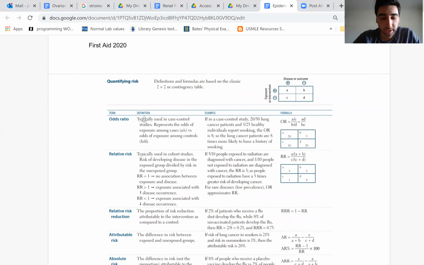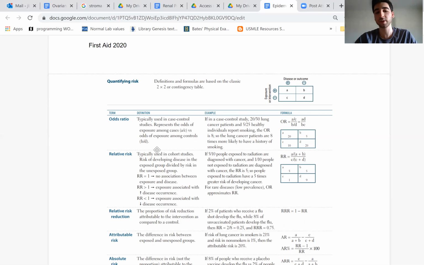If you look at First Aid, odds ratio is typically used in case control studies. What this means is case control studies are looking at data that already exists behind, and relative risk is used in cohort studies. So you're going to use relative risk when you're planning a study for the future. So that's kind of the difference.